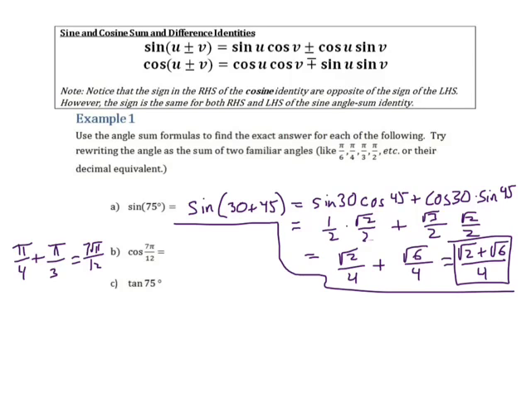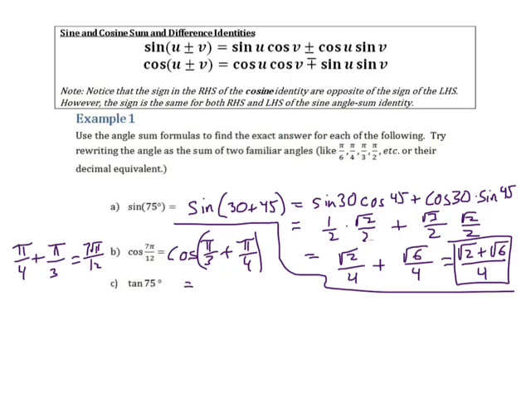Let's use our cosine formula. Let's write this out first. This is going to be the cosine of pi over 3 plus pi over 4.